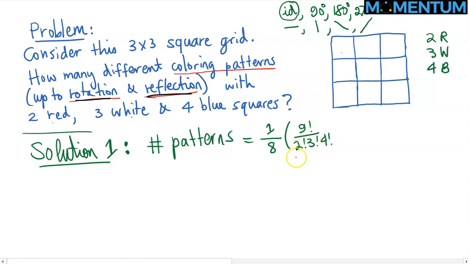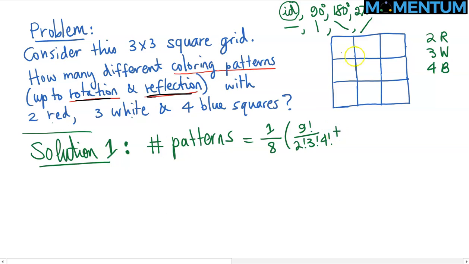Alternatively, you can write this as 9 choose 2 ways to choose where to place the 2 reds, then 7 squares left, 7 choose 3 ways to place the whites, and the remaining squares will be given to the blue squares. So that's the fix of the identity.